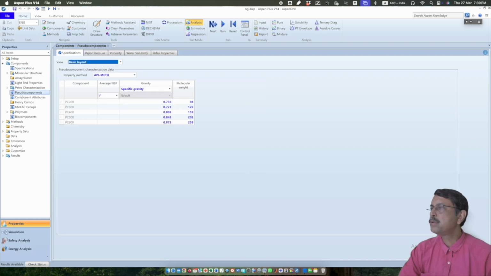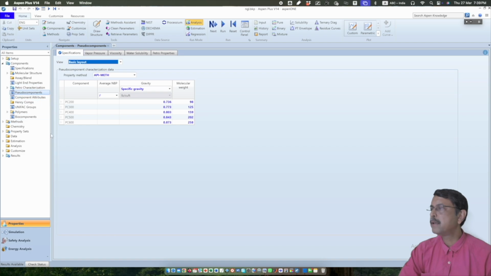So we go to the pseudo components and we find 5 pseudo components, PC200 to PC600. Their specific gravity and molecular weight have been given, and the characterization data has been processed with the property method API-METH.